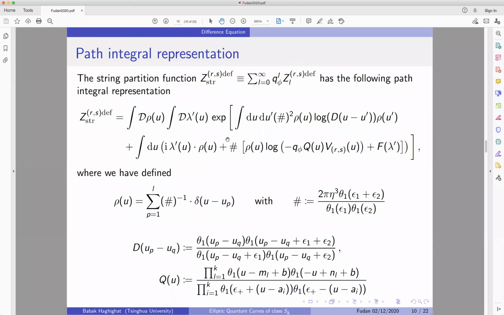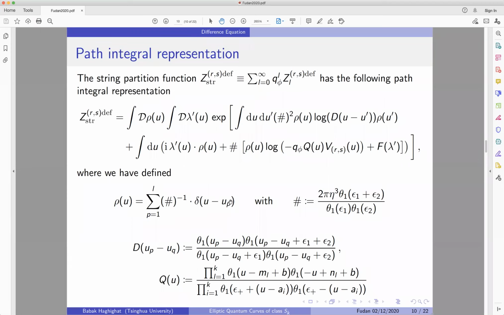So this is the result one gets. The crucial piece here is this rho function. This is the eigenvalue density, a sum over delta functions, which will only be non-zero if u is equal to this u piece.